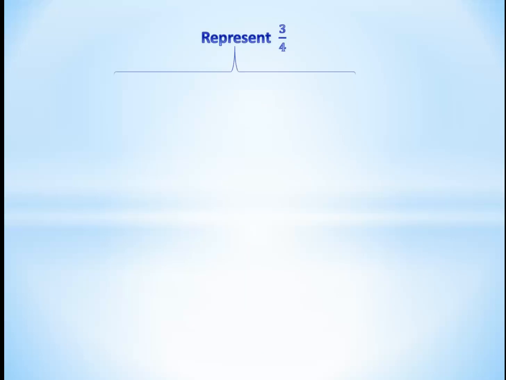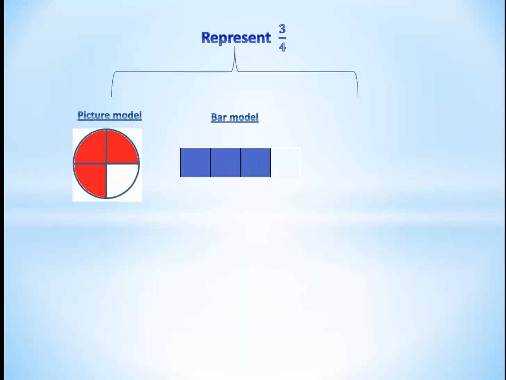We can represent 3/4 as a fraction by picture model, bar model, or number line model. Picture model: we can draw a circle or any shape or rectangle, and must divide it into how many parts? 4 equal parts.